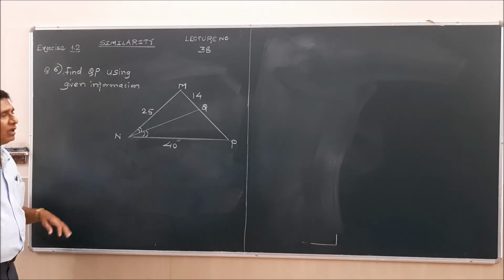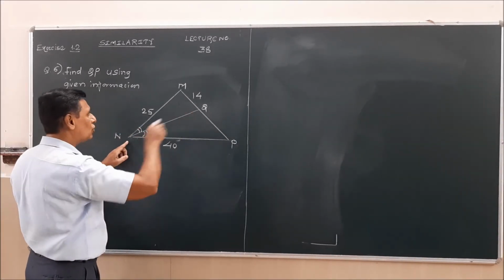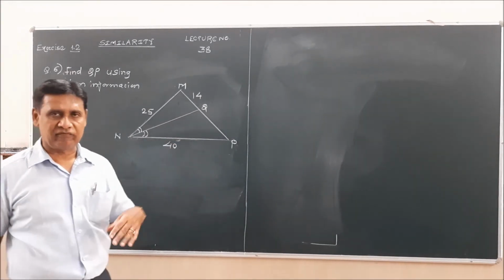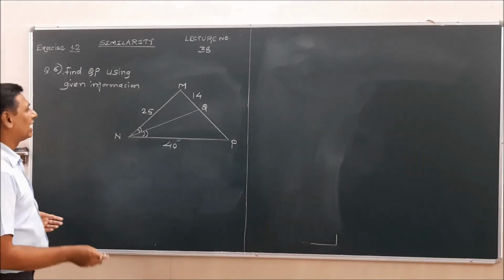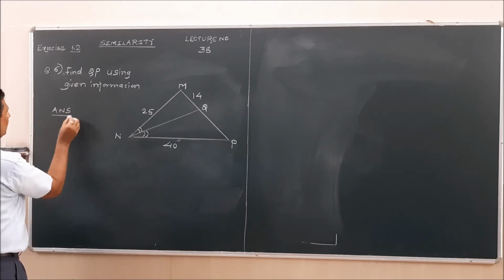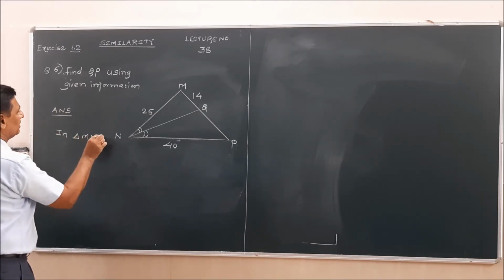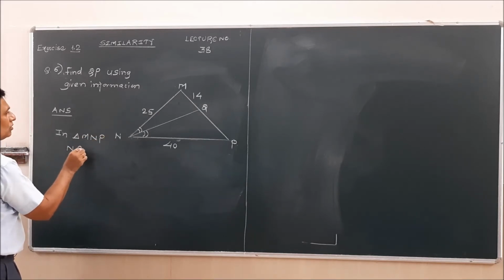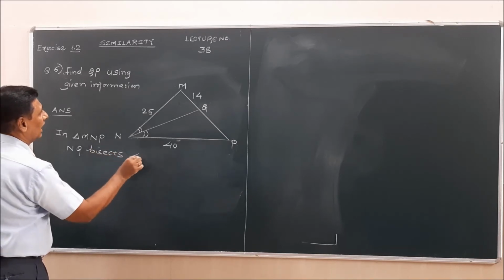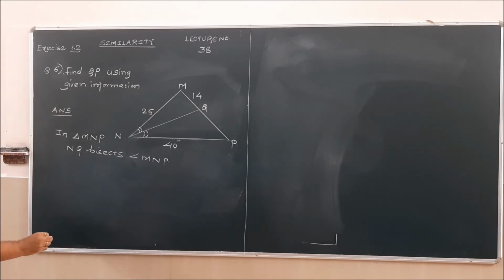Very simple. Because you will notice by looking at the figure, if NQ is already given as a bisector, we can apply the angle bisector theorem straight away. So you will find, in triangle MNP, answer: in triangle MNP, NQ bisects angle MNP.